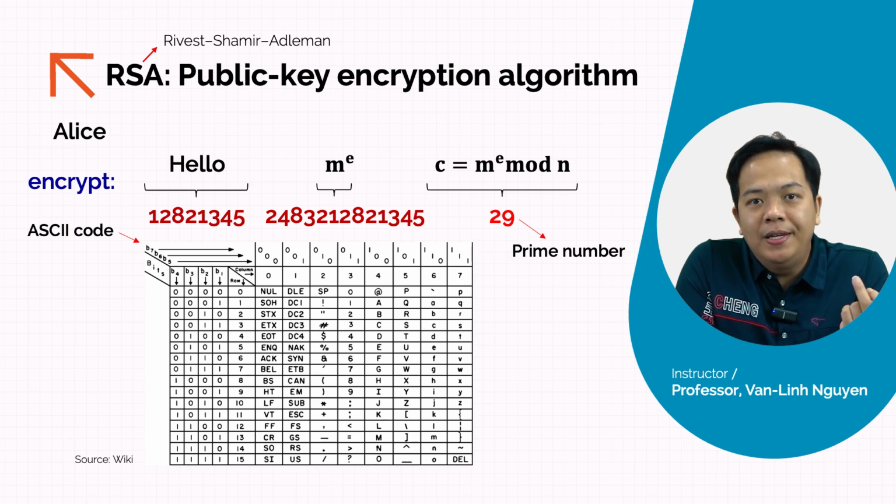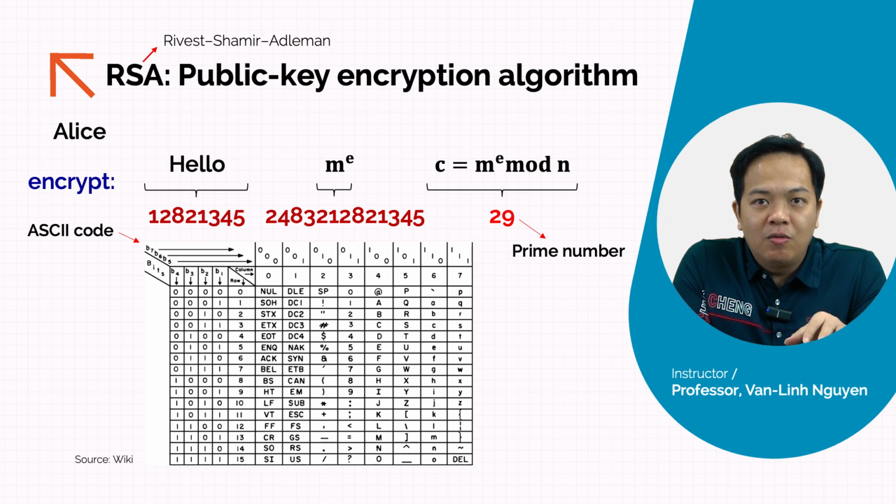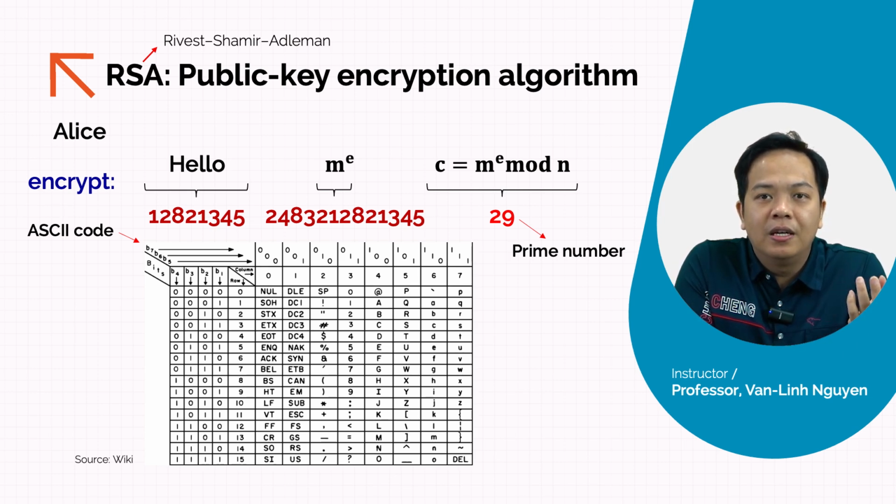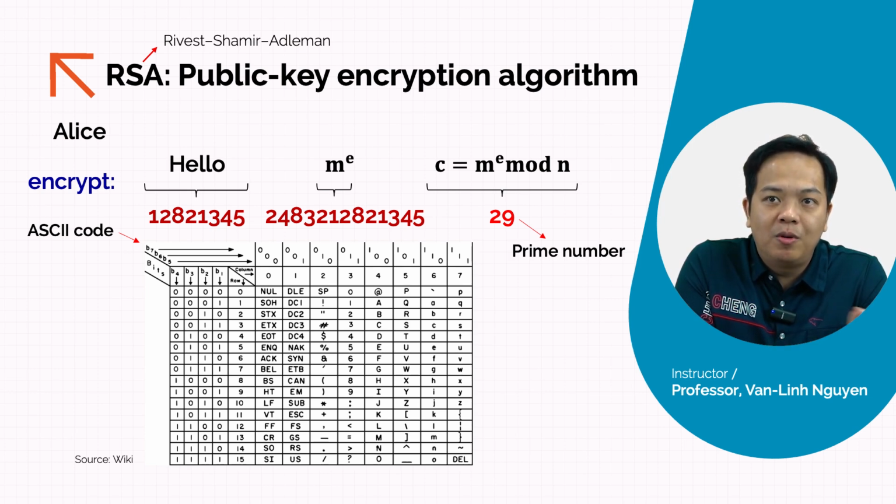The first time Alice wants to send a message, the message will be changed into digits, numbers, or integers. You can see the ASCII code, which can encode text as numbers: A, B, C, D, E, F, G. So they first change the text to the corresponding number or bits.